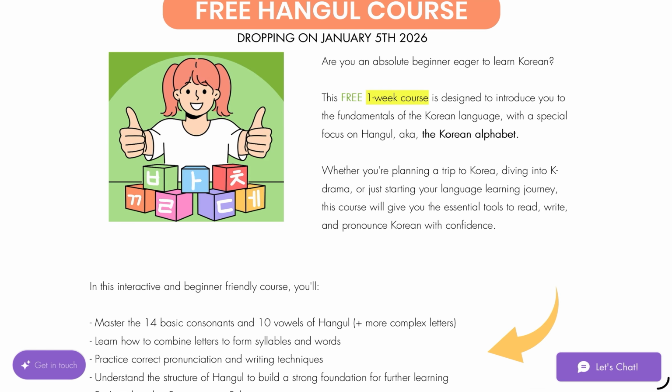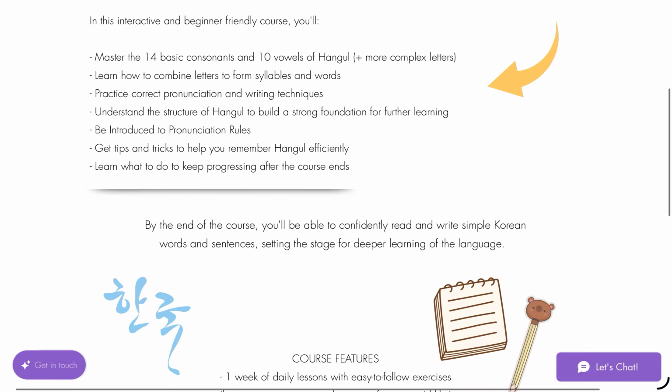So, it's a free 1-week course designed to introduce you to the fundamentals of the language, the alphabet. In this course, we have the 14 basic consonants and the 10 vowels of Hangul. So there are 24 basic letters, plus more complex ones in there, sometimes combinations.